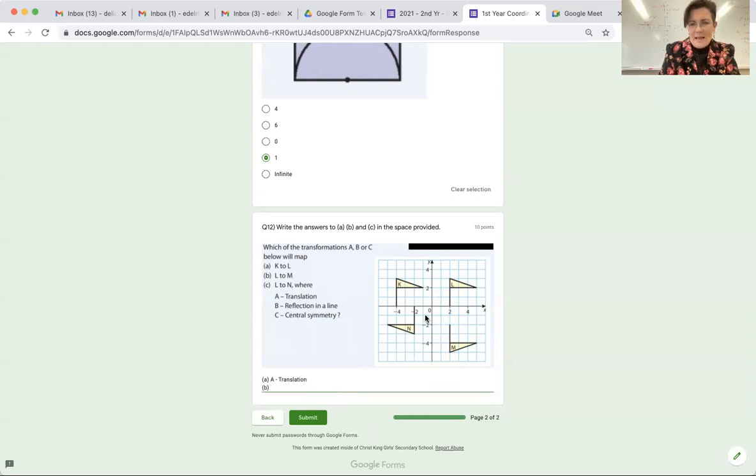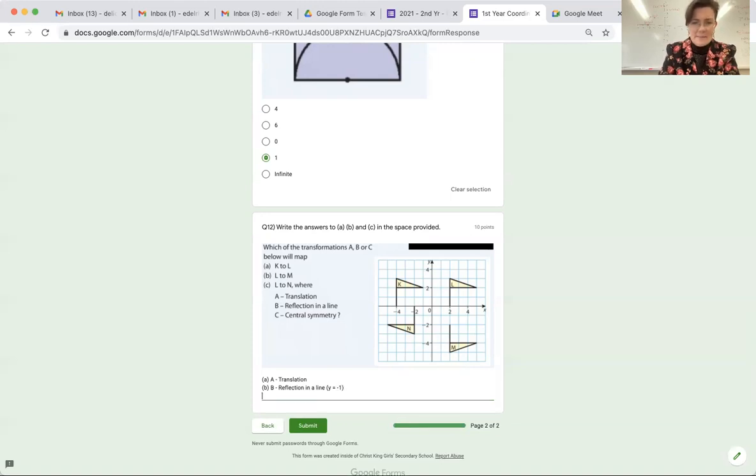So to map L to M, we have B, a reflection in a line. And the particular line, which I wouldn't expect you to identify, would be the line y equals -1. That's a bit more advanced.